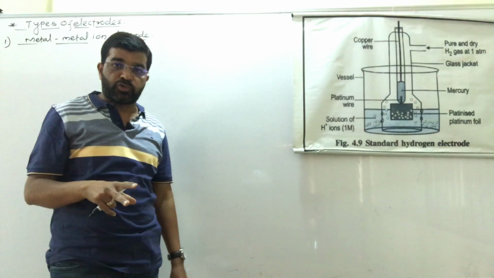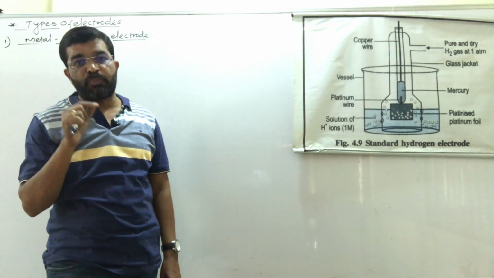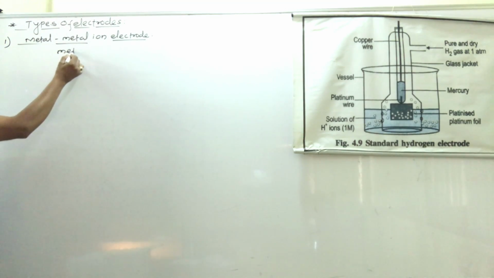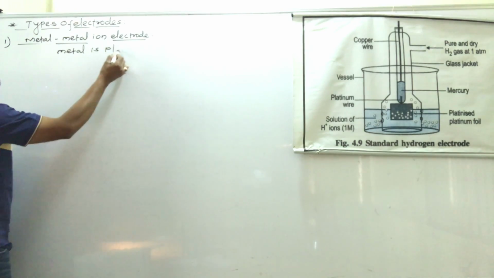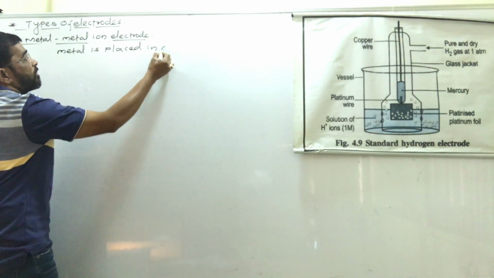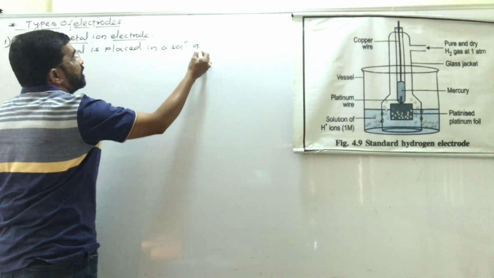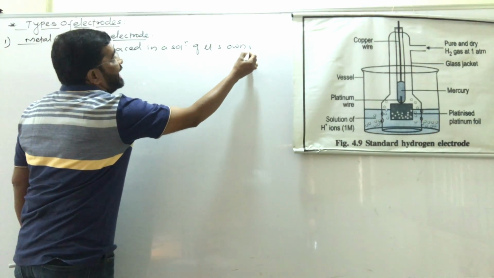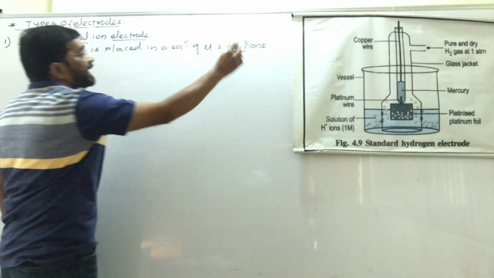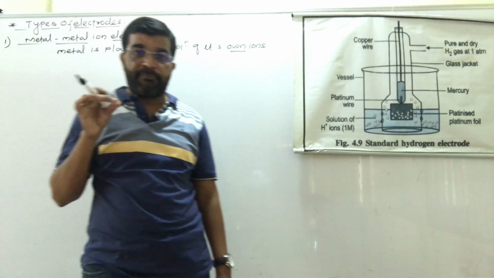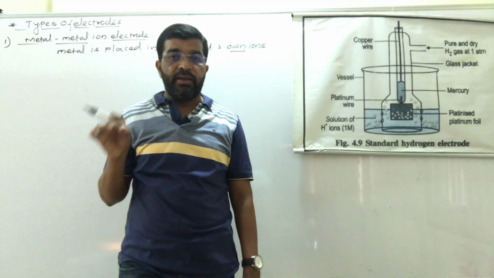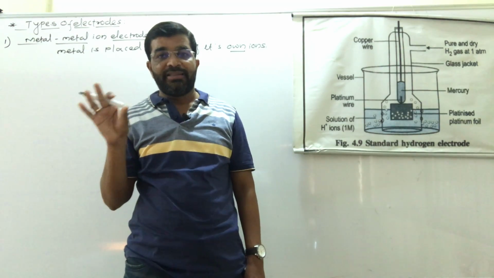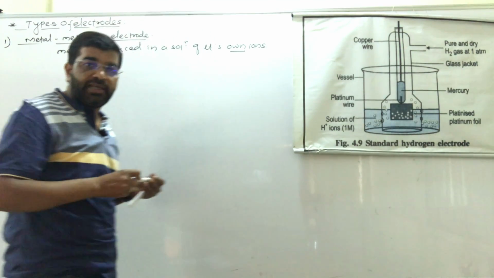When a metal is placed in a solution of its own ions, that is called a metal ion electrode. A metal is in direct contact with a solution containing its own ion.